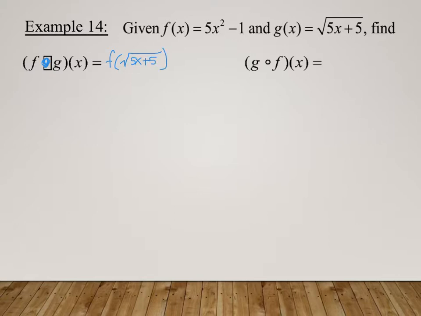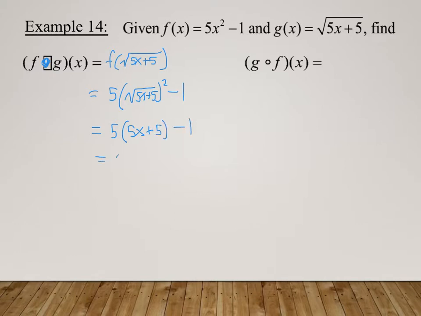So we put that into the equation. We get 5 times the square root of 5x plus 5 squared minus 1. This is going to be 5 times 5x plus 5 after we square it, minus 1.